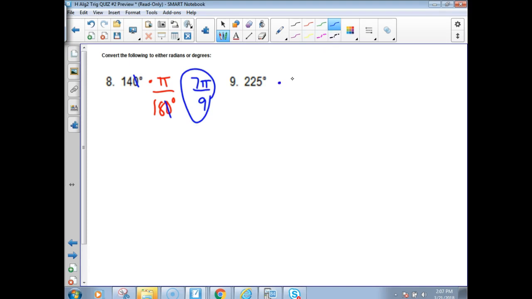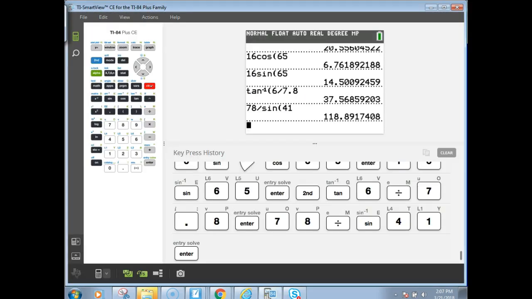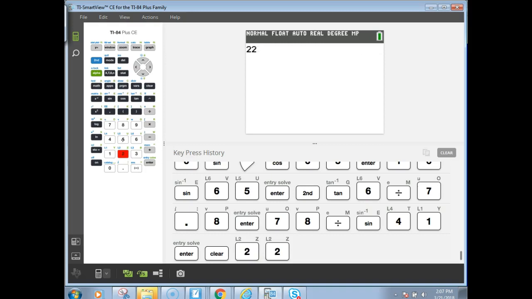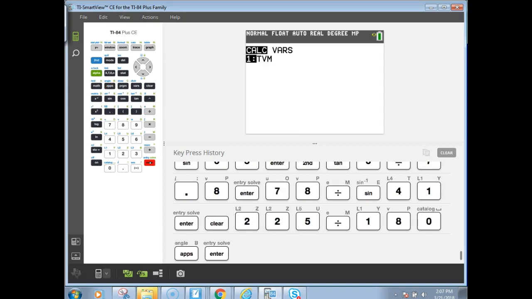Next one, multiply by pi over 180. I would type on my calculator 225 divided by 180. I'd hit math, enter. I hit apps instead, oh brother.